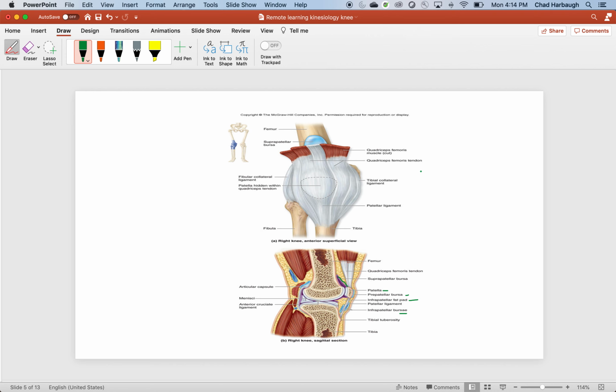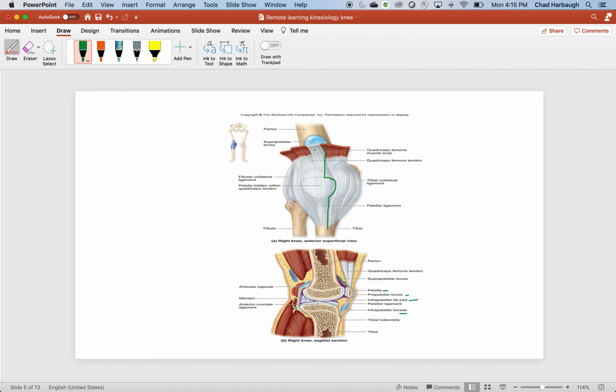The top picture is going to represent the different lines of pull that are going to be coming onto the patella. So over here on the left-hand side, we're going to have the vastus medialis, which is going to come down. It's going to hit the top portion of the patella and the medial surface, and then eventually it's going to go into the tibial tuberosity.